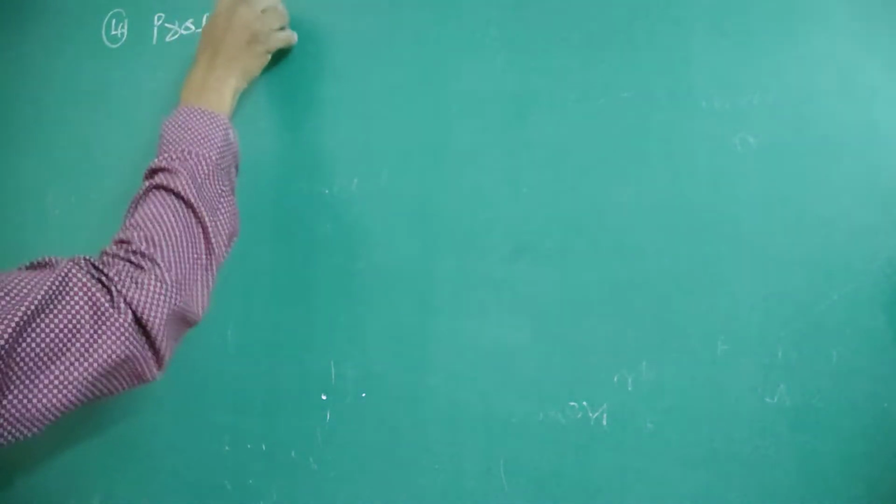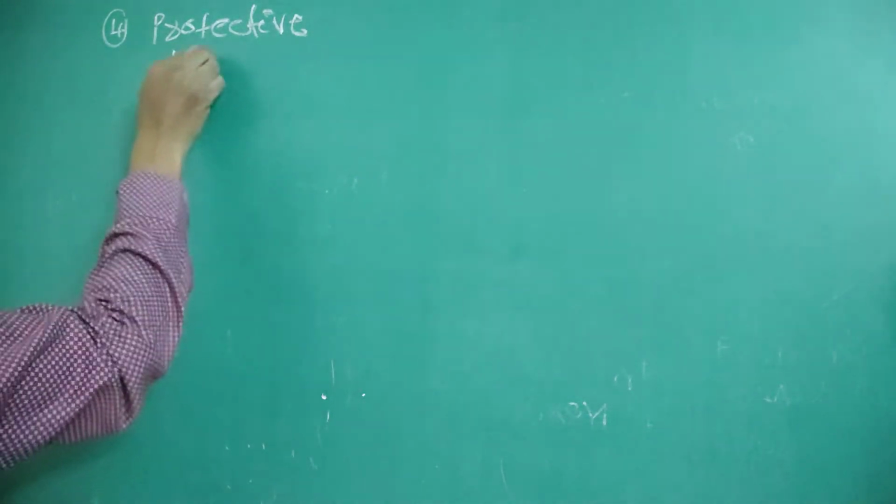Next one is the fourth one, protective from rays. Now you continue the columns in the same format. Protective from rays.